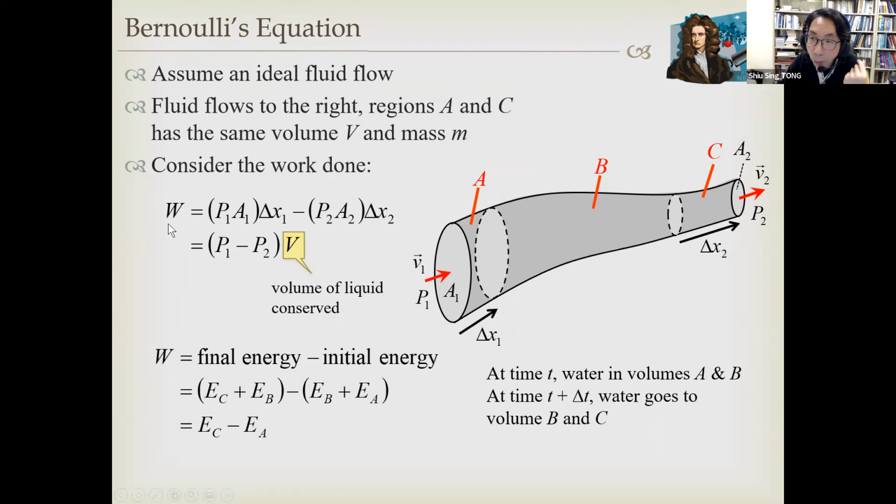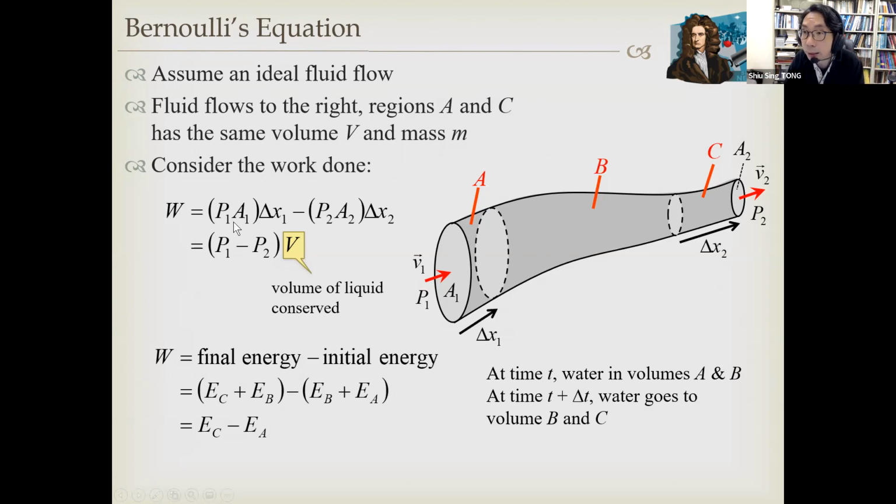We consider the work done by the fluid outside the pipe on the fluid. On the left side of the pipe, the cross-sectional area is A1, and we assume that the fluid pressure here is P1. So the pressure force due to the surrounding fluid pressing on the liquid from the left-hand side will be equal to P1A1.